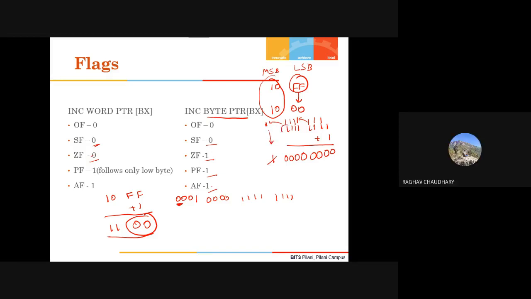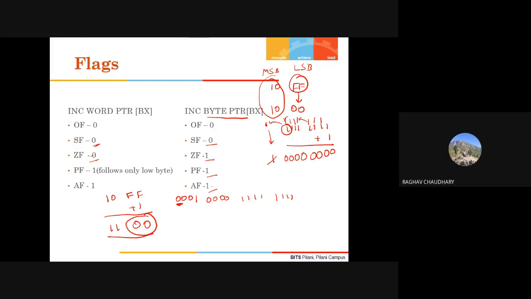If you look at the most significant bit, the carry in is 1. The carry out is also 1. If you XOR 1 and 1, what is that? 0. Carry in into the MSB is equal to the carry out of the MSB in the byte pointer case. Because that is equal, therefore overflow flag is becoming 0.